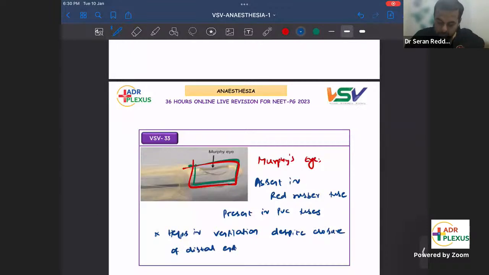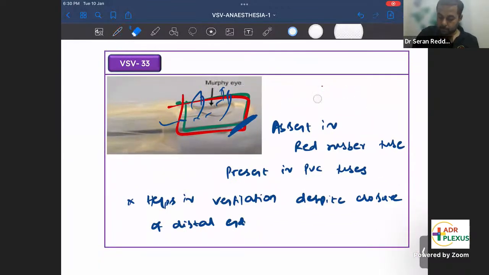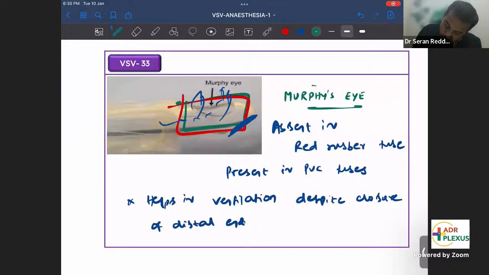So unfortunately, even if this gets blocked, still the patient can be ventilated this way. That is the advantage of Murphy eye. This can be a credential image-based question, Murphy eye.